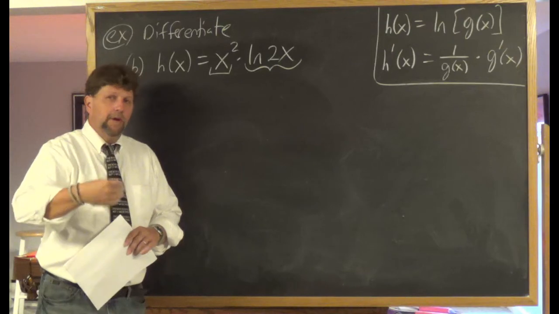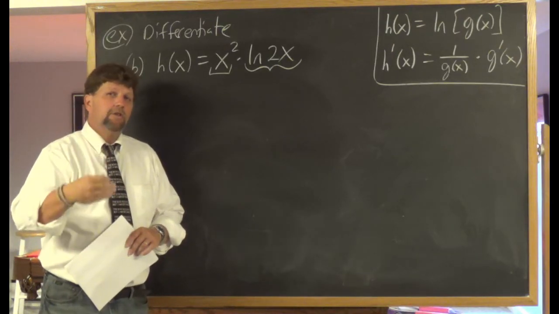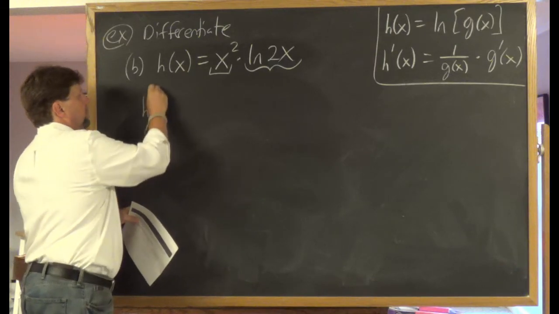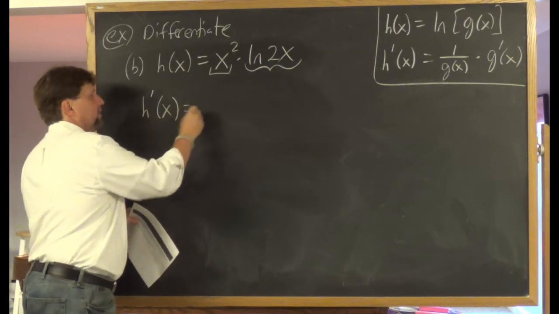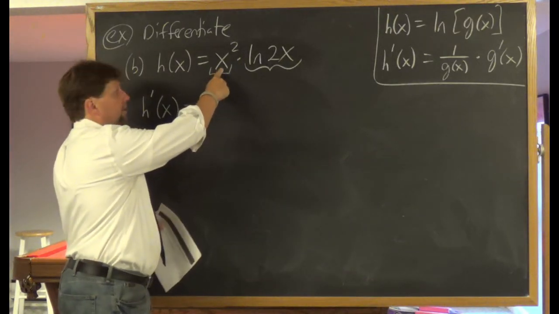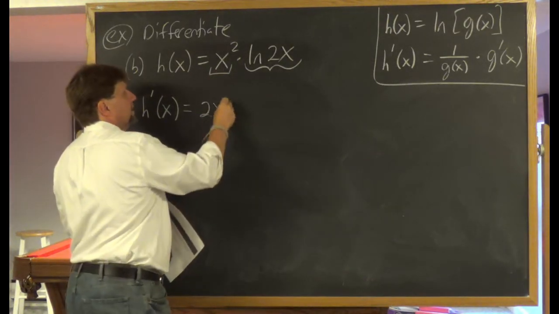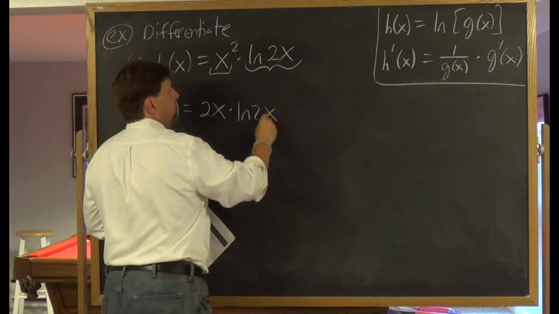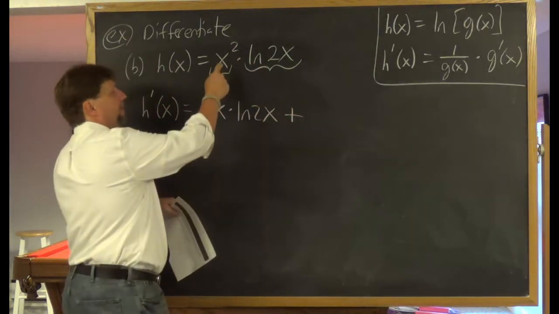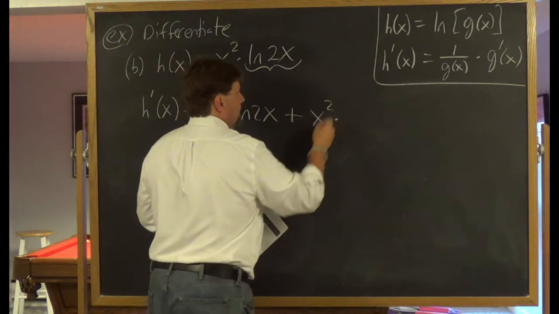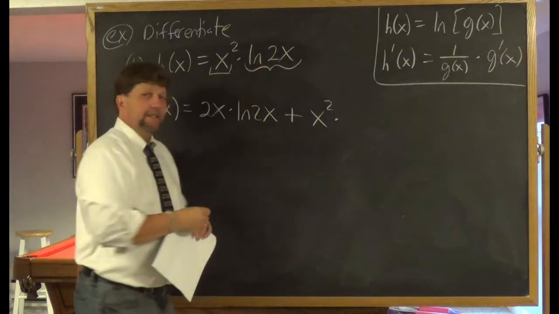So let's go through, and I'm going to babble the English to the product rule. Remember, when you use the product rule, it states derivative of the first function, so that's 2x, times the second function, plus the first function, which is x squared, times, now the derivative of the second function.